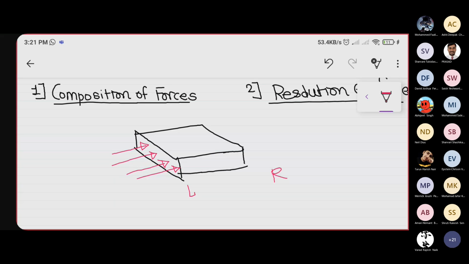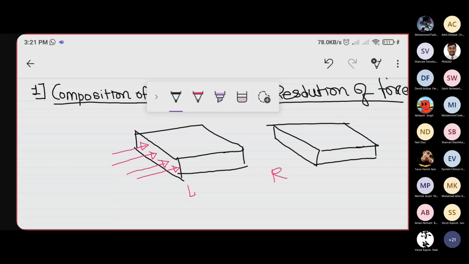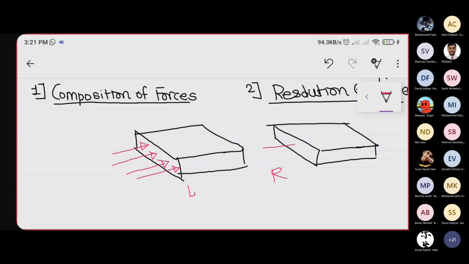We already defined it, right? So instead of these four forces, we replace them by using only one force, and the effect remains the same.